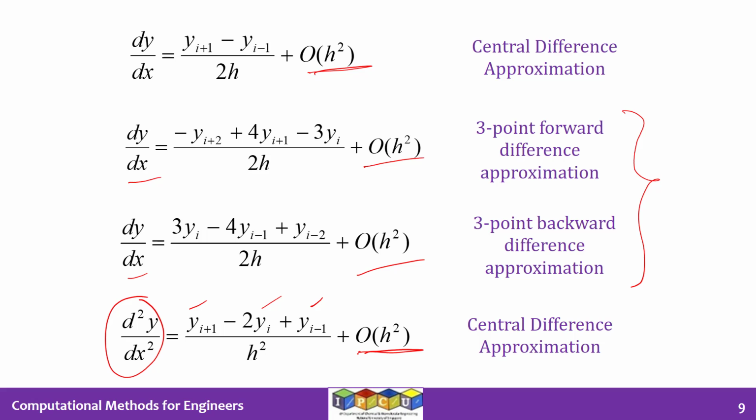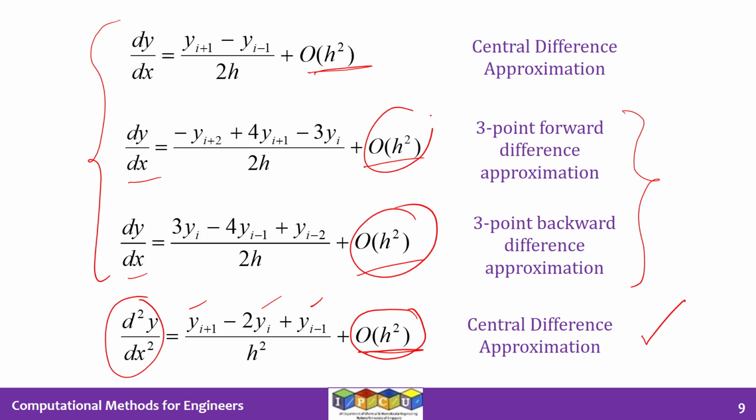So if I had a problem where I have a second derivative term and I decide to use the central difference approximation, which has a truncation error of the order of h squared, for the first derivative term in that ODE, I have to use one of these three because they all have the truncation error of the order of h squared.